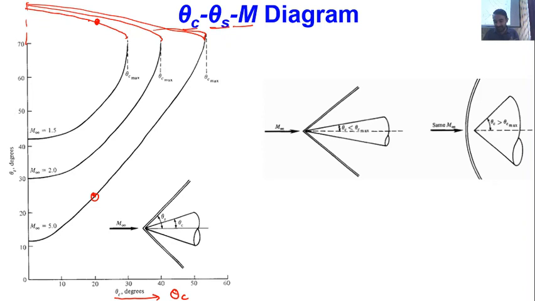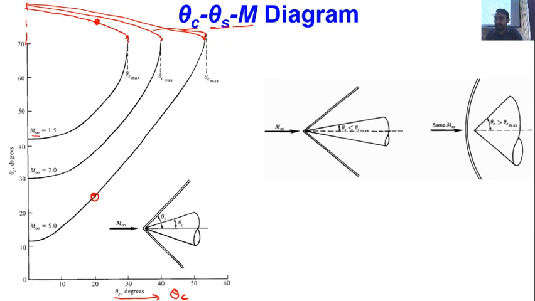Then, if you recall, in the case of a two-dimensional wedge, if the wedge angle is greater than a certain value, then our shock wave becomes detached. The same is the case over here. For a given value of M infinity, I have some critical value up to which this theta s M diagram is actually given.